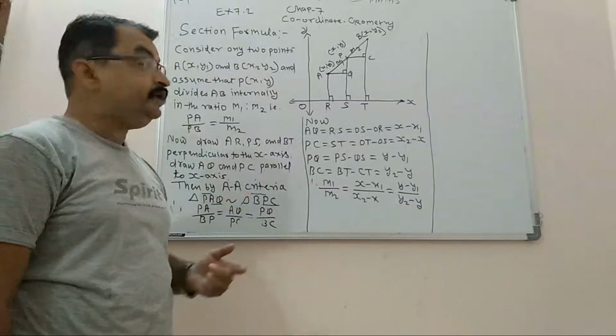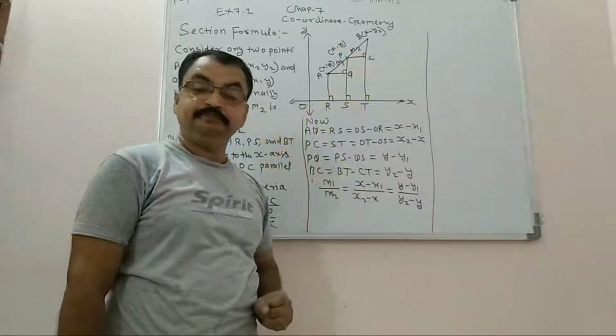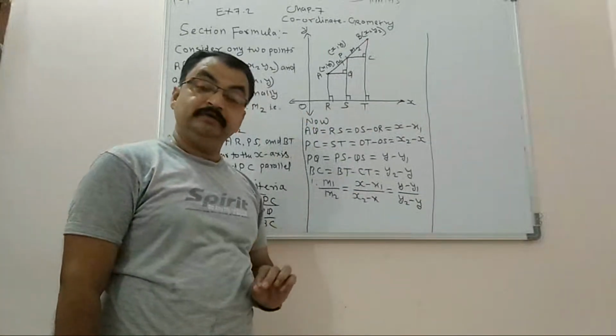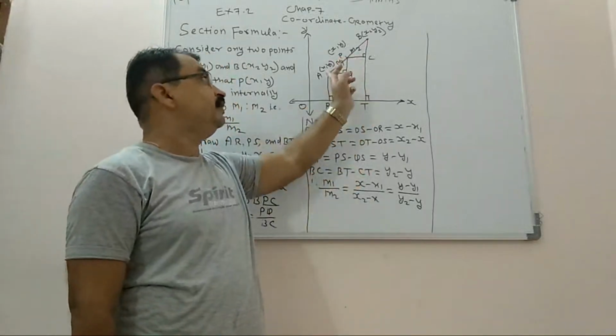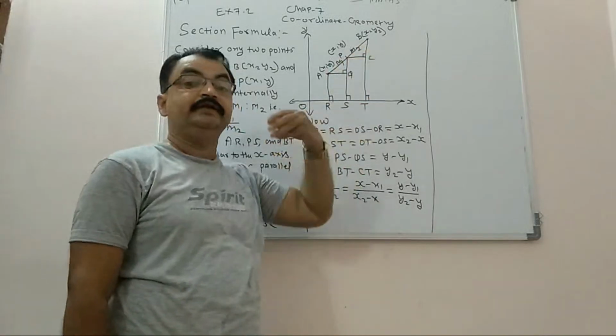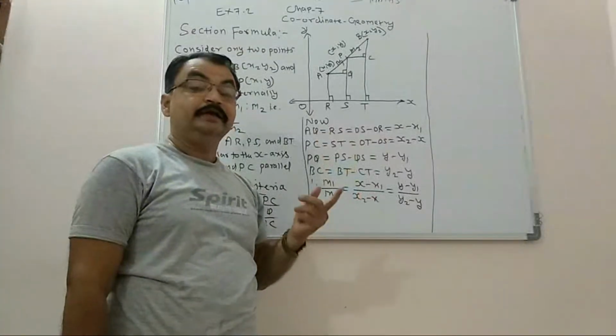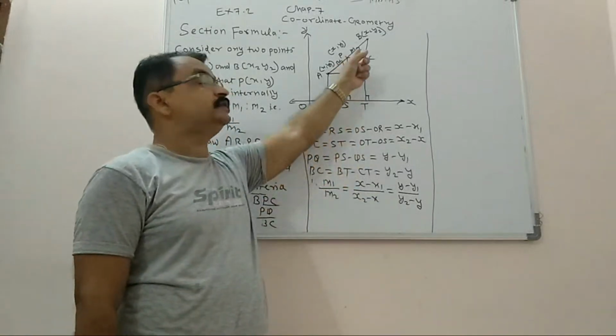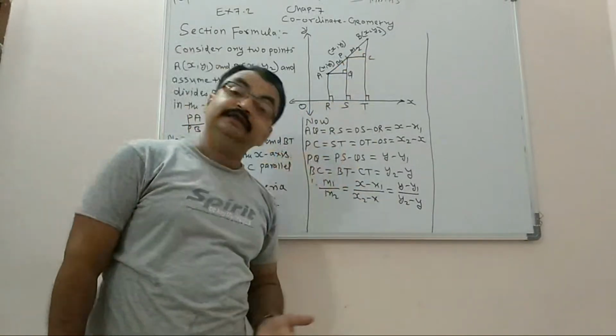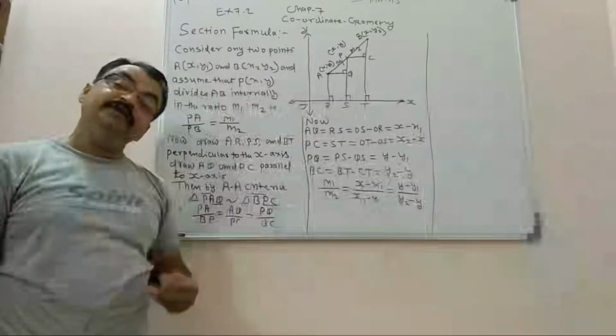Now someone can ask you why you are making these two triangles similar. The answer will be: since point P divides AB in a different ratio, we want the ratio of the sides, and how do we get the ratio of sides? When the triangles are similar.